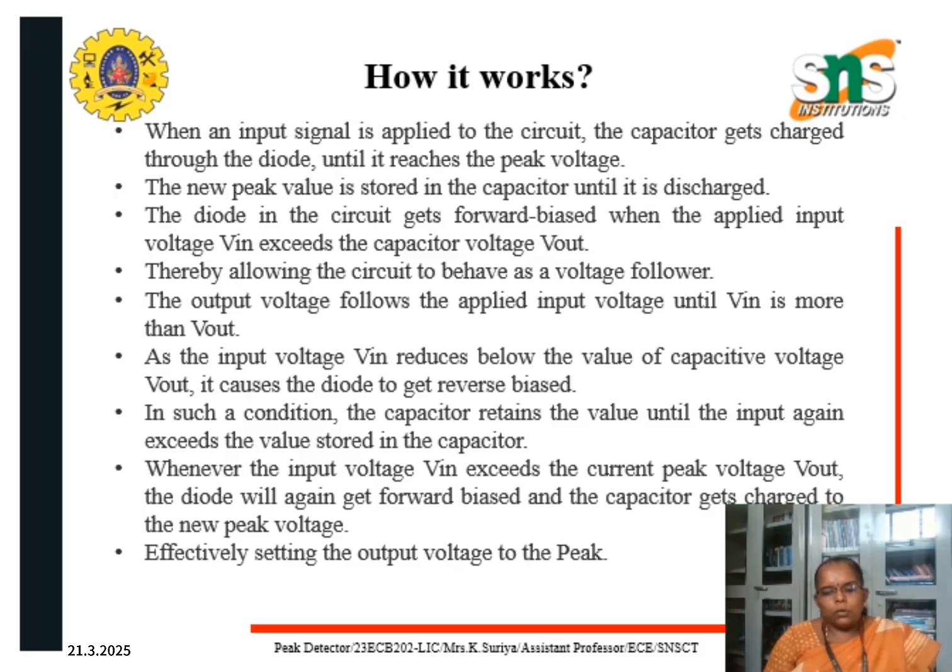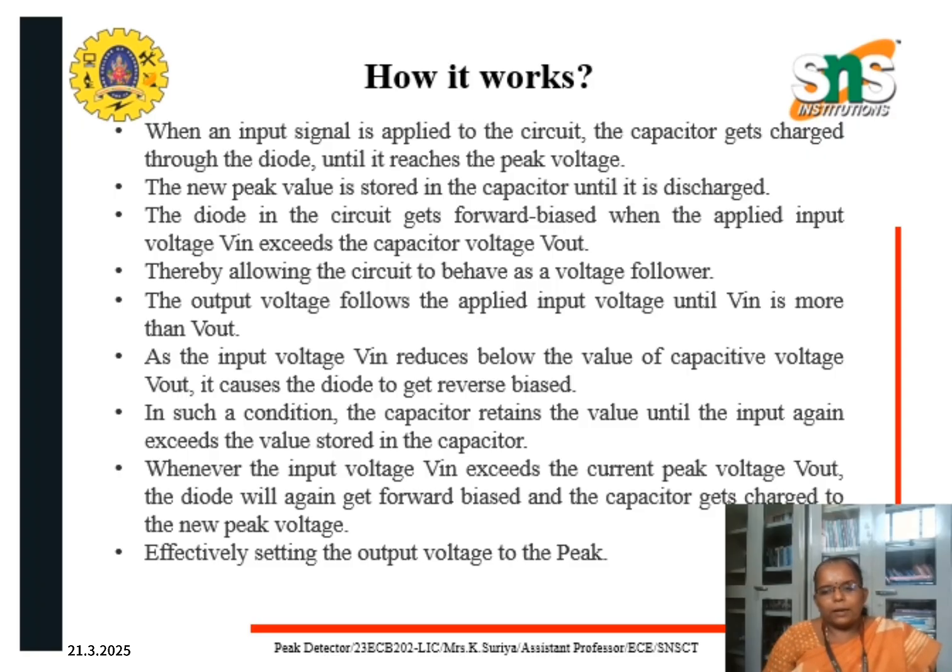So this is how the peak detector circuit works. Every time a new peak value is detected, the output will be set to the new value. If the input voltage is less than the current value in the capacitor at the output, then the capacitor will hold the already chosen value, which is the peak value.